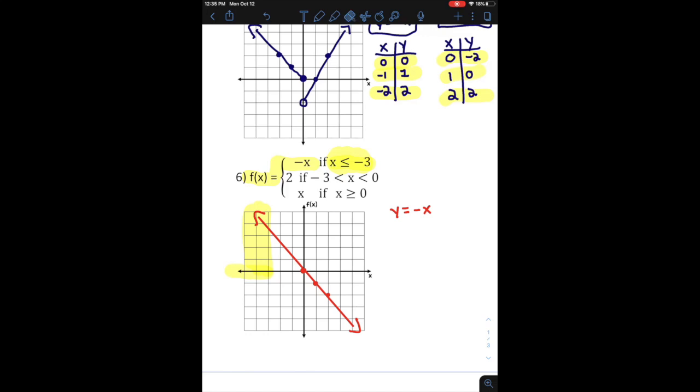So they only want that part of the line. It's very, very small. So what would it look like? We would erase, and we would have this piece, just making it neater here.